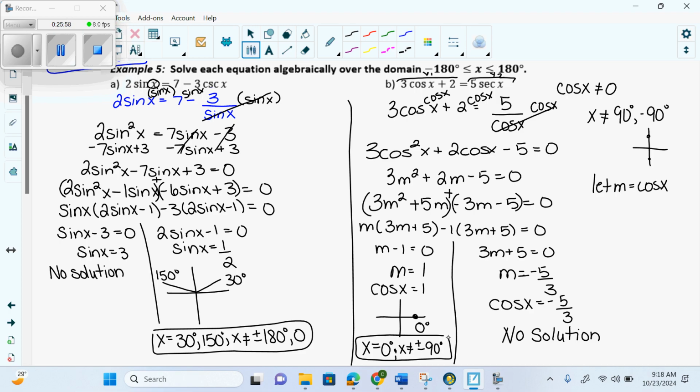So you could just type it as 5 over cos x. This would be y1, this would be y2. What mode do we need to be in? Degrees. And what do we need to make our window be? Our x minimum? Negative 180, and our x maximum? 180, and then it crosses in one spot, which is 0. So it confirms your answer.